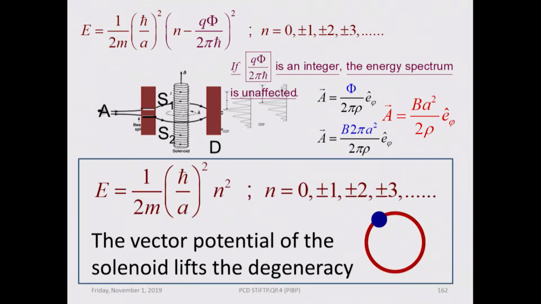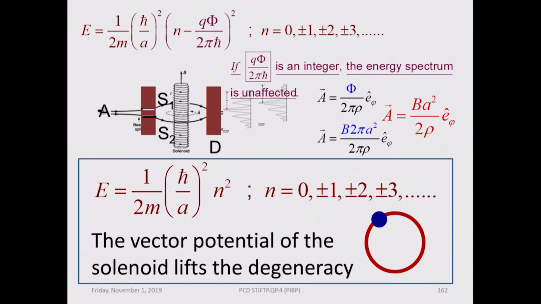And this is similar to the problem of a charged particle which is constrained to move around a ring. And if you solve this problem, you do have this degeneracy. This is the same problem as what we discussed above in that solenoid diagram, except for the fact that there is no vector potential over here. And this is the point I was making, that when you add the vector potential, okay, you can do so because of the current in the solenoid.